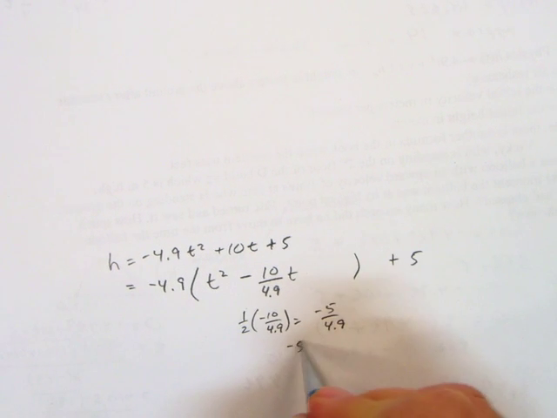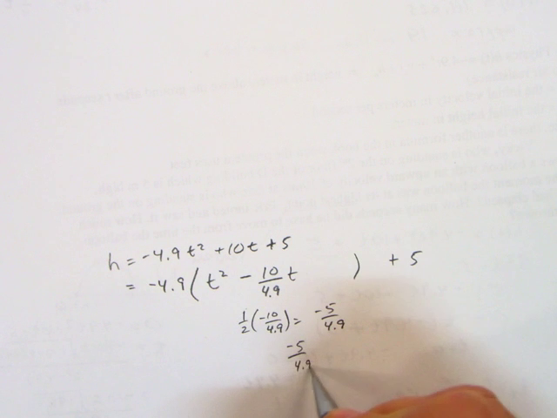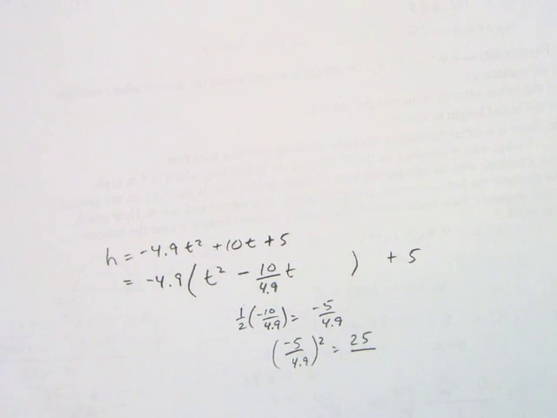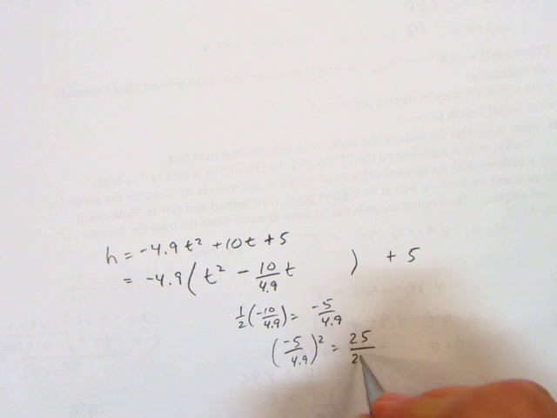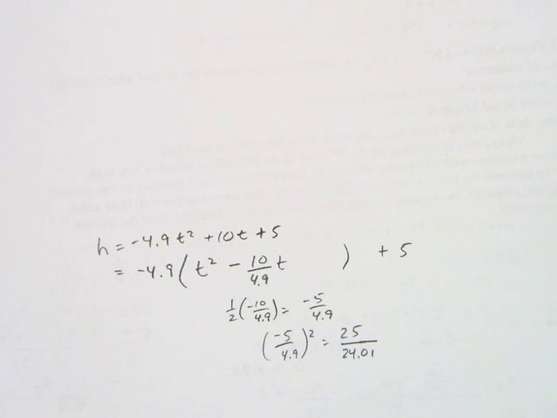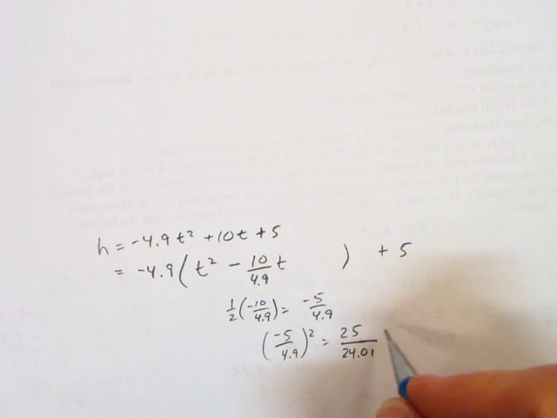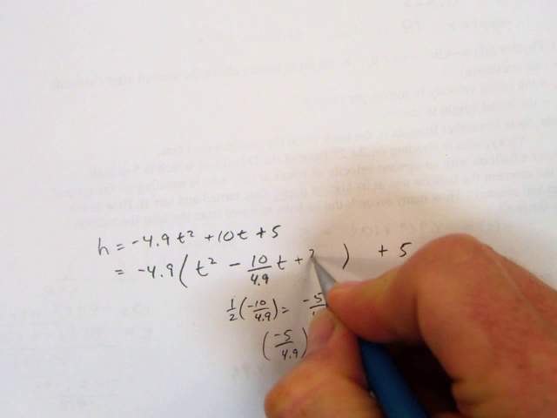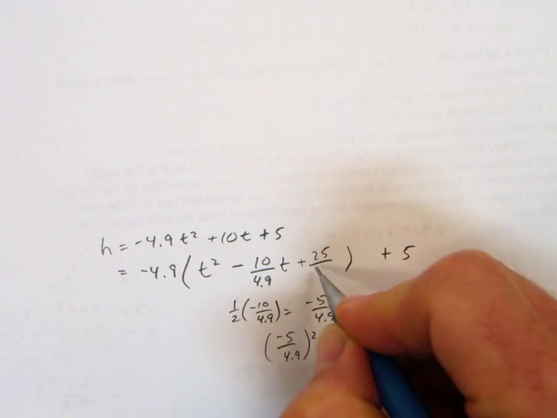And then we're going to square that to get 25 over, what would 4.9 squared be? You could do that one. It can be done using 5 minus 0.1, but just as easy right now, we'll just use this. So we'll plug it in.